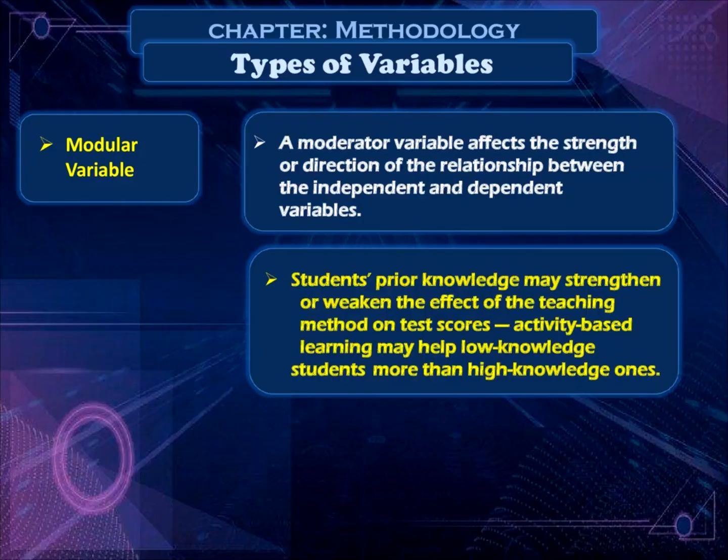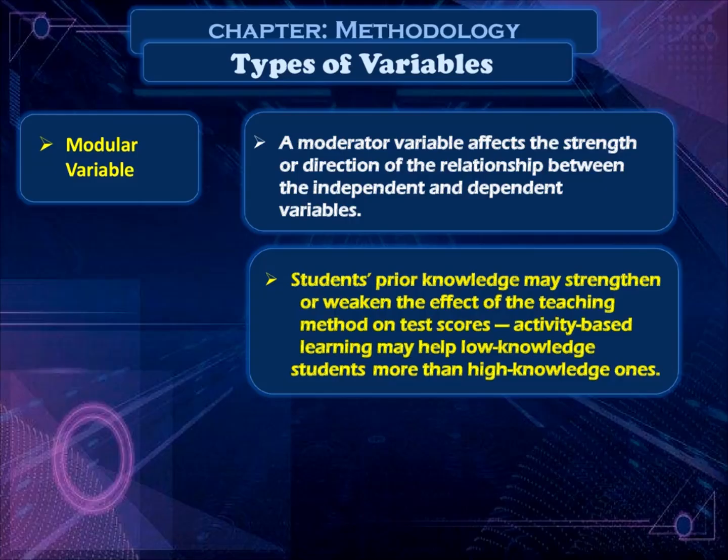But that test results being very good is not necessarily dependent on the way you taught or the new method or style of teaching. It could have been affected by that situation which is not in your control. So that can be a moderator variable. Students' prior knowledge may strengthen or weaken the effect of the teaching method on test scores.